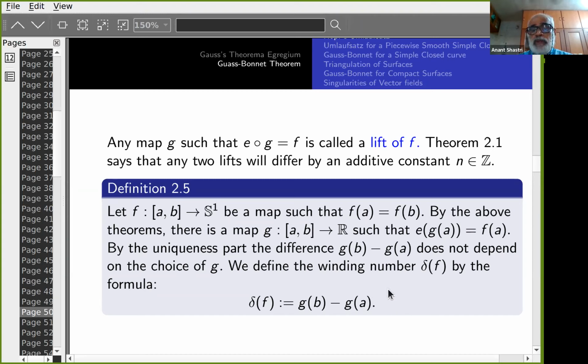This number is called the winding number. I am denoting it by delta or sometimes W. I think your book writes it as W. This number is now completely defined without any ambiguity. It doesn't depend upon what g you choose.